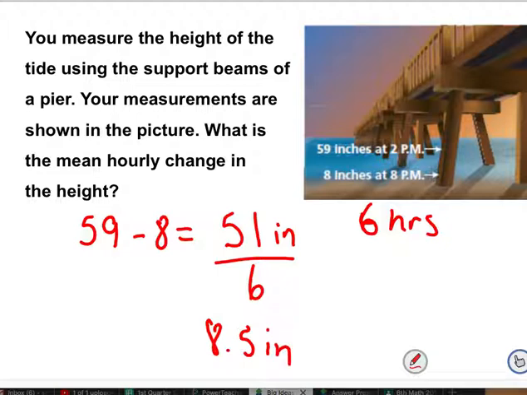Now, my question would be this: is it increasing or decreasing? Oh, negative. So isn't that going to be a negative then? Yep. If I want to know what the change is, I need to know the direction, don't I? So it's -8.5 inches per hour.